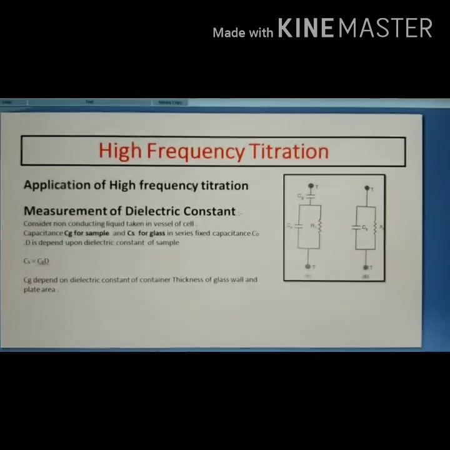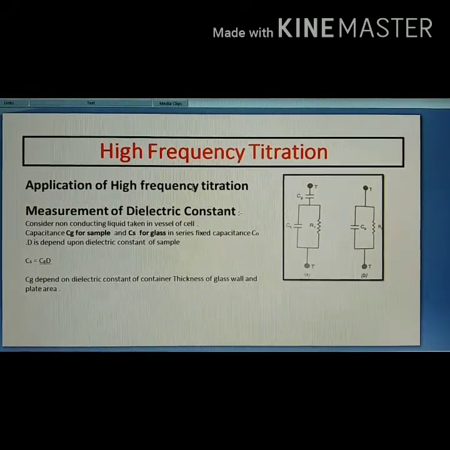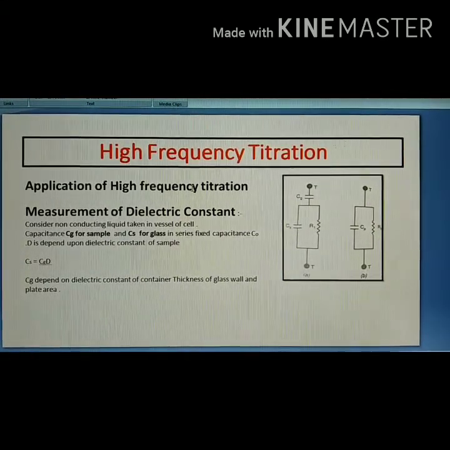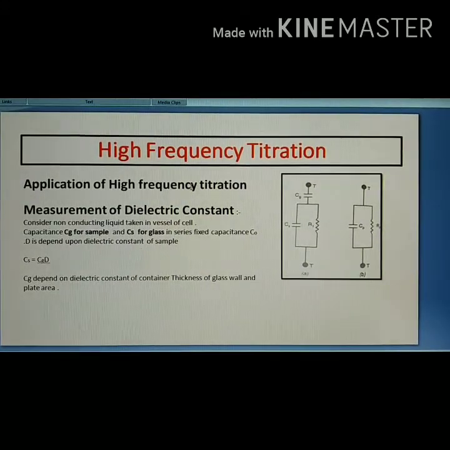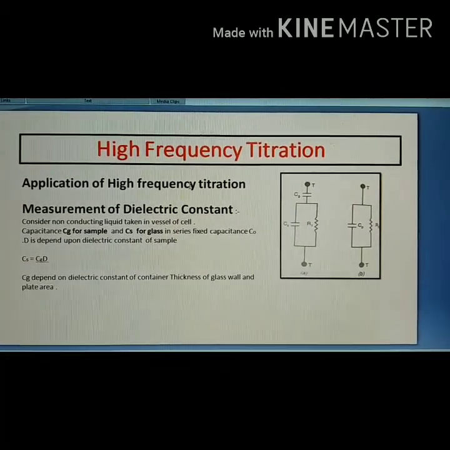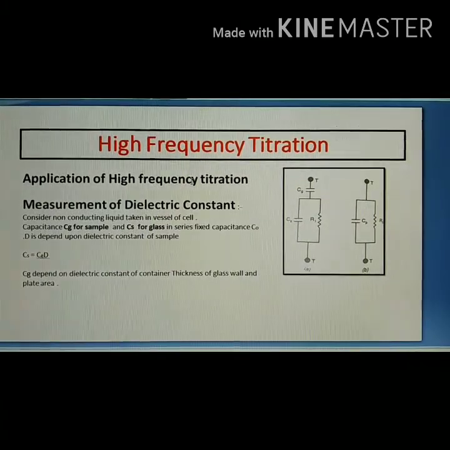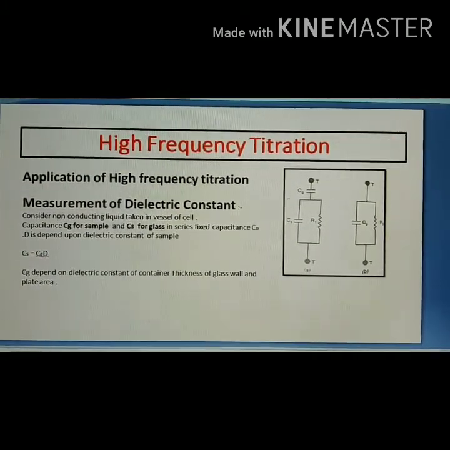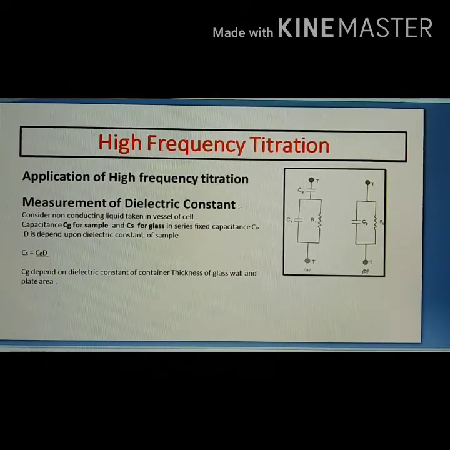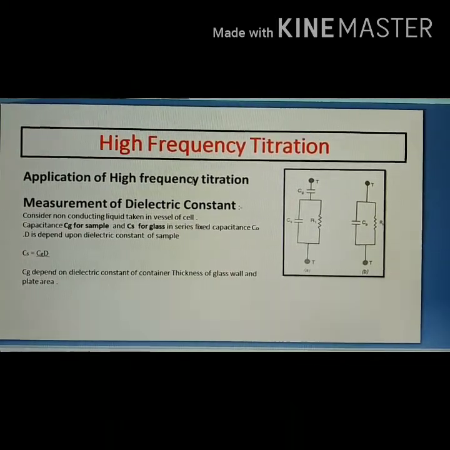Application of the high frequency titrations: first, measurement of the dielectric constant. Consider a non-conducting liquid taken in the vessel of the cell. Here there are two capacitors. One capacitor is Cs for the sample and the other capacitor is Cg for glass.